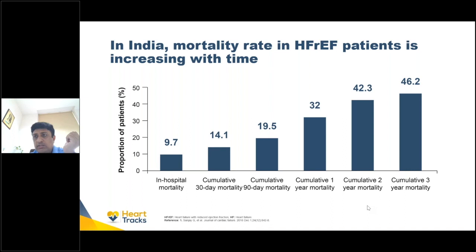Again, I got stuck. I don't know what is happening. So there's some problem from their side. Can the technical team please help me? Again, I'm not able to shift my slides.